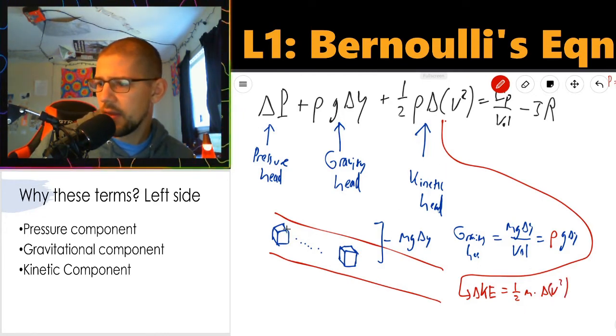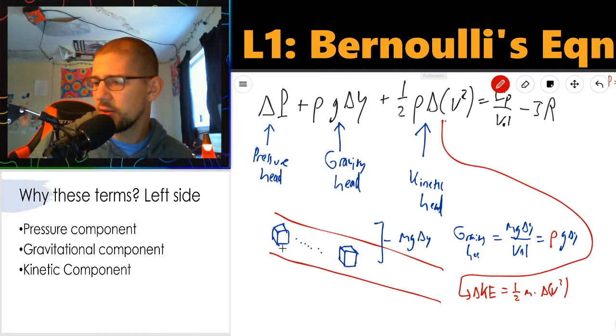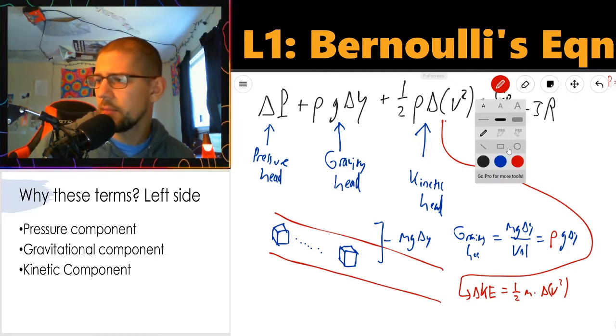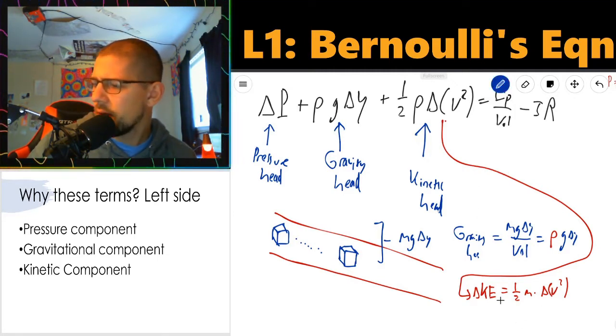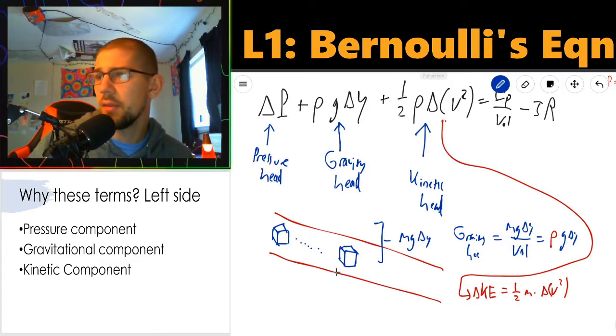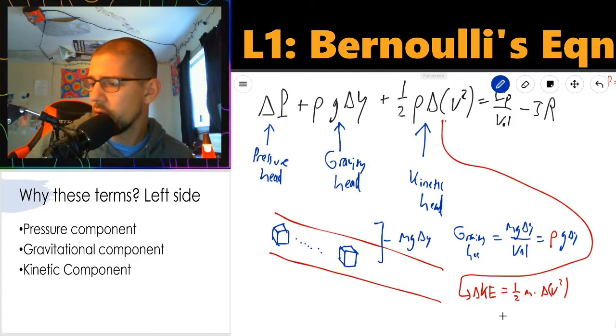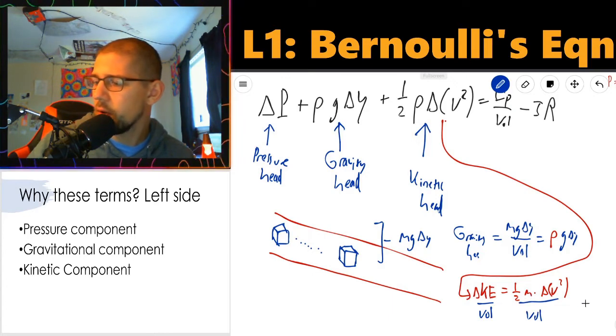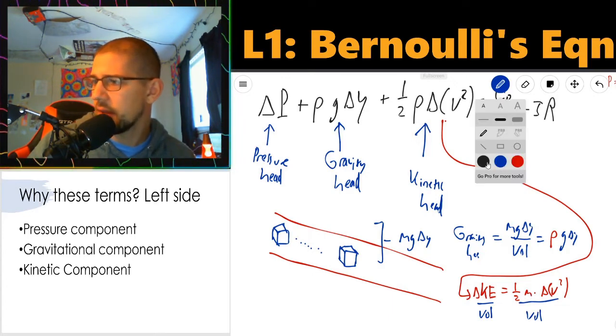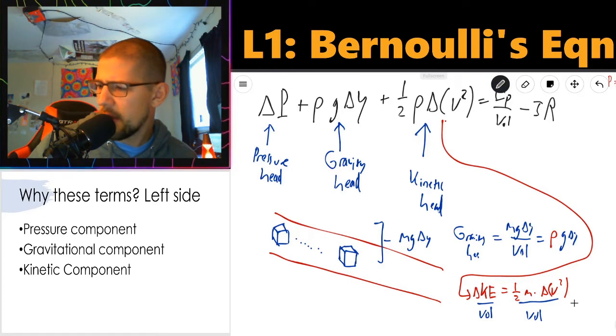But if I think about it now in terms of not the block, but the energy per unit volume, I can divide that by a unit volume. And again, my mass per volume becomes a rho, a mass density. So my kinetic energy head, or my kinetic head, becomes 1/2 rho delta of quantity v squared.